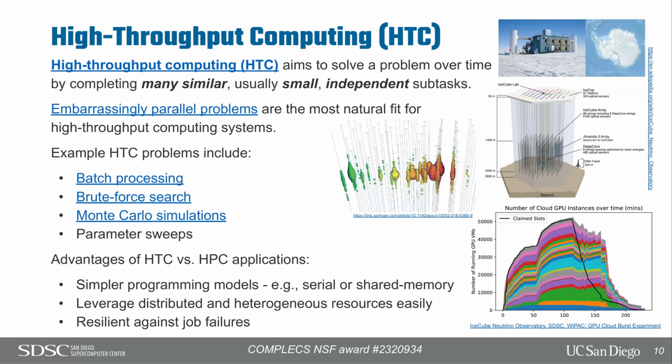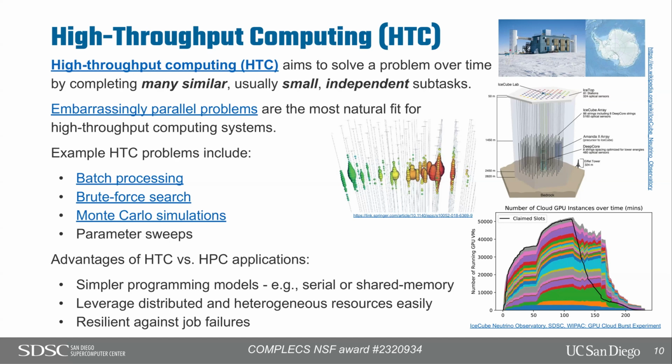And so each simulation of a particle shower that comes through the detector is an independent simulation of what might have happened, right? And so one experiment they did a few years ago is they actually used up to 50,000 GPUs to improve the simulation of their ice model to better understand the fidelity of their detector.